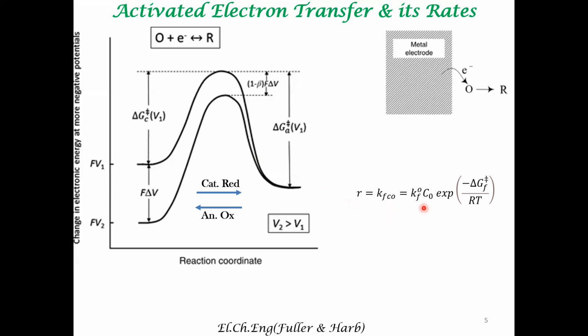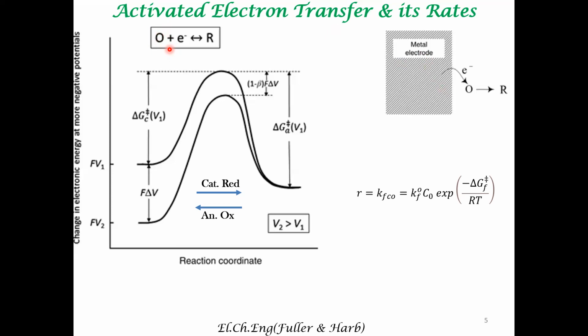It indicates the concentration of C naught. Okay, so C naught is the concentration of this oxidized species. So the rate involves, in a way, collision of the electron from the metal electrode to the oxidized species in solution.